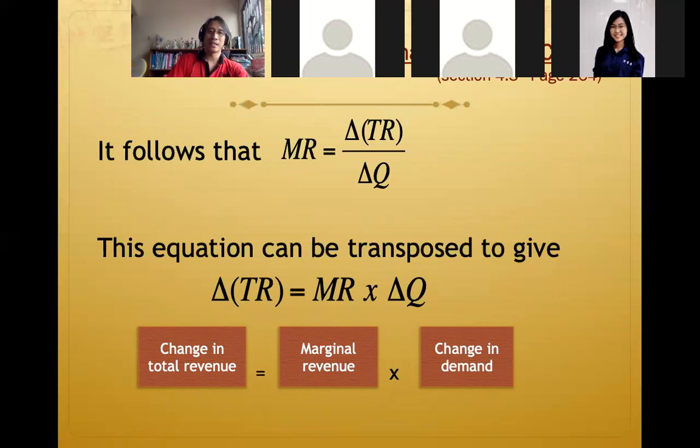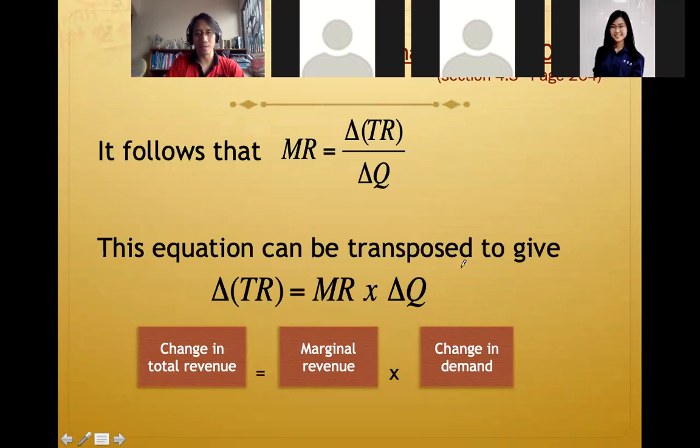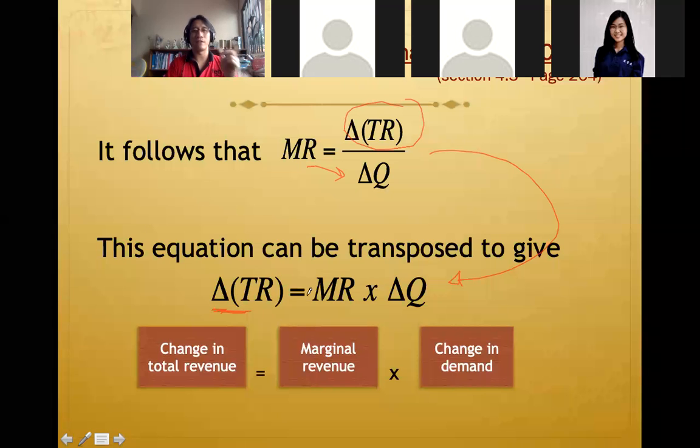Basically, the marginal revenue equals the differentiation, or the change of TR because of the change of Q. So this equation can be transposed to give delta TR equals MR times delta Q. Delta is change. So the change in the total revenue equals marginal revenue times the change in demand.